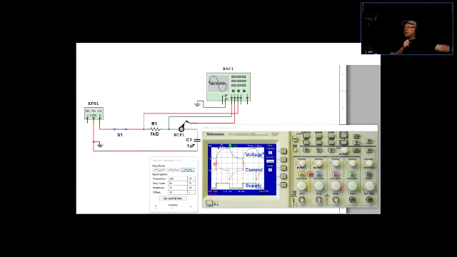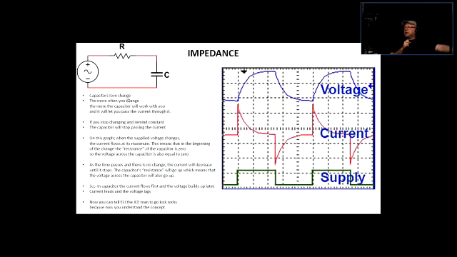So now I have zoomed in on the next slide. This is basically that screen right here with this capacitor. Let's quickly see what is happening. Of course, when you apply the power first, the capacitor is discharged, so it is going to act as a short circuit for a little bit.